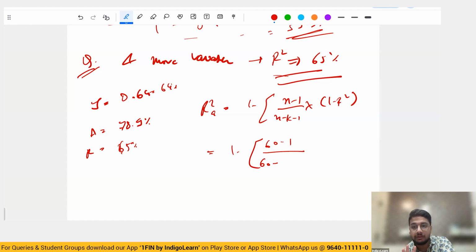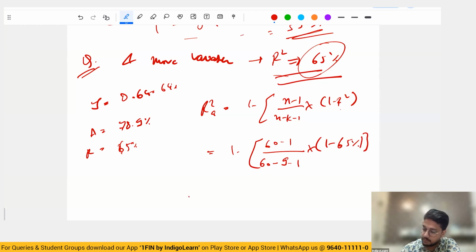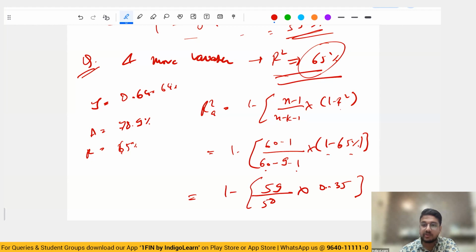Nine. Okay. So this shall be 9 minus 1 into 1 minus R square. R square is how much? 65%. Okay. This becomes 1 minus 59 upon 50 into how much? 0.35. Okay. Now just solve it.